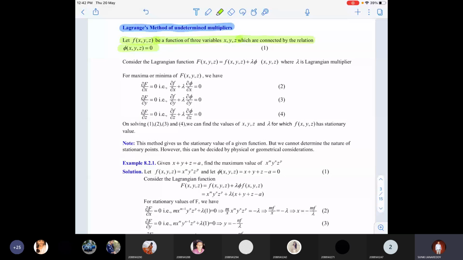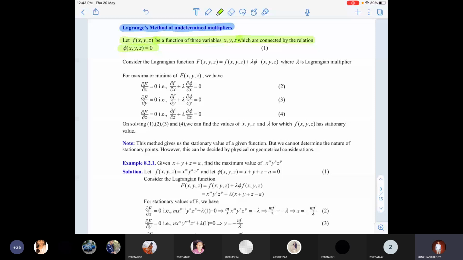For some function, we should find either the minimum or maximum value, depending on the connected relation of x comma y comma z.